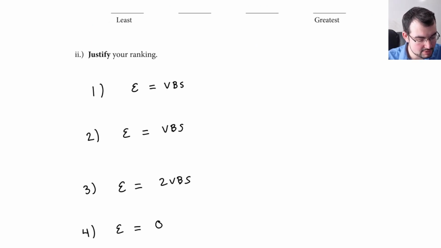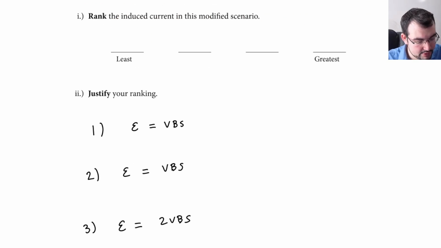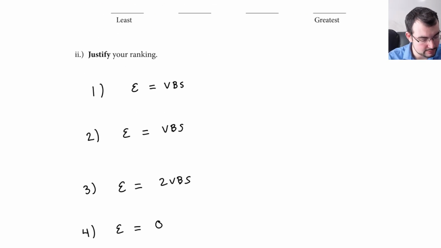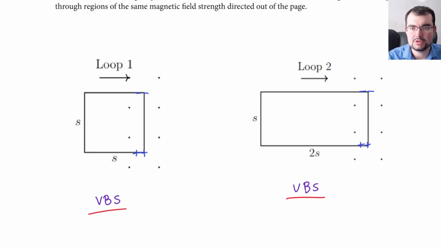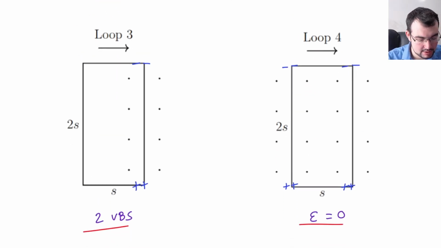So let's do each of these. What we want here is the total length, or the perimeter, of each of these 4 loops. Loop 1 is an s by s square, so that's s, s, s, s, which makes 4s. Loops 2 and 3 are going to be s by 2s, so that's s, s, 2s, 2s, which makes 6s.